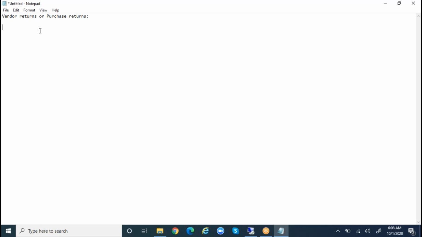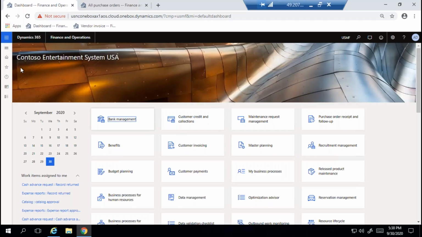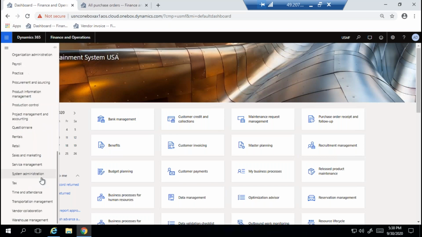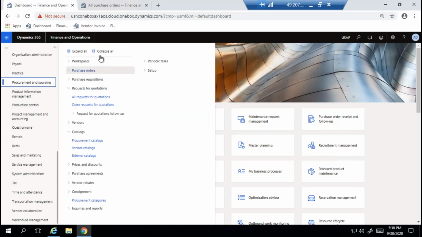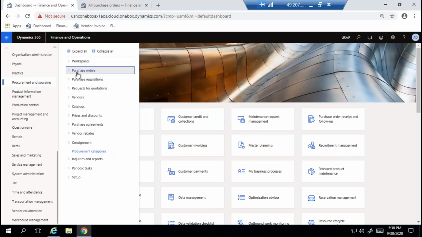So here, if it is already invoiced earlier, then we will return it back to the vendor. For that, let me go to the procurement and sourcing module, purchase orders.